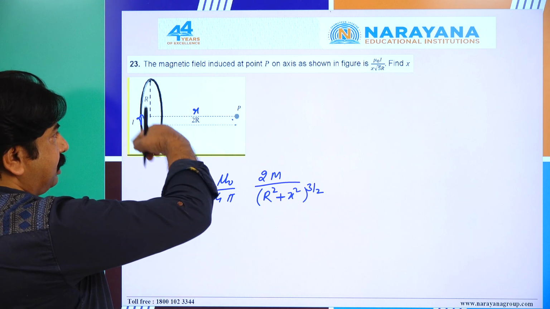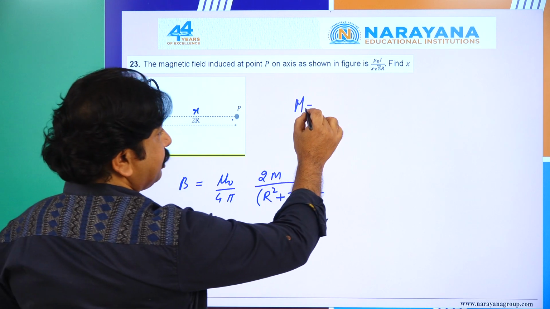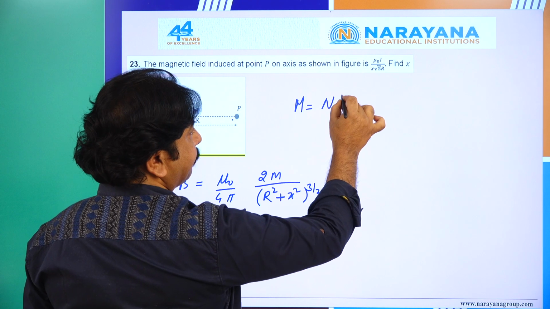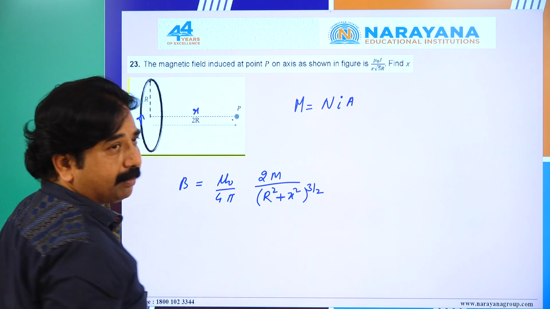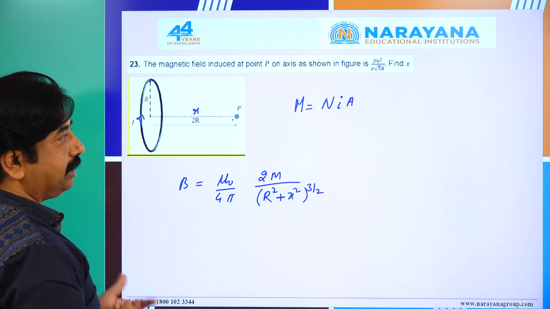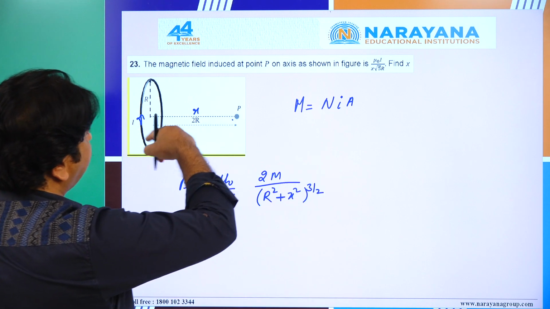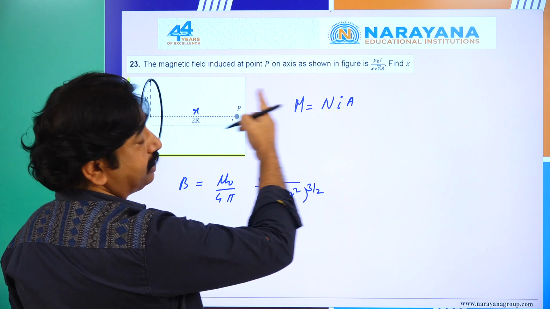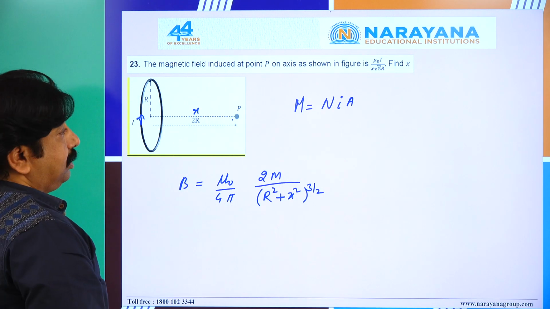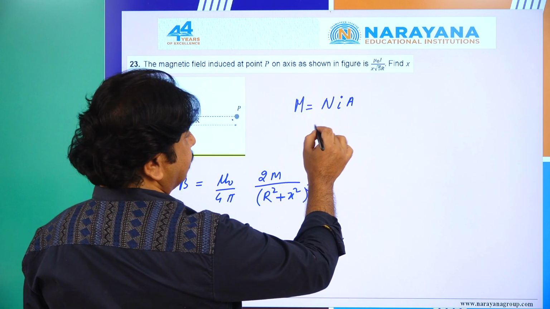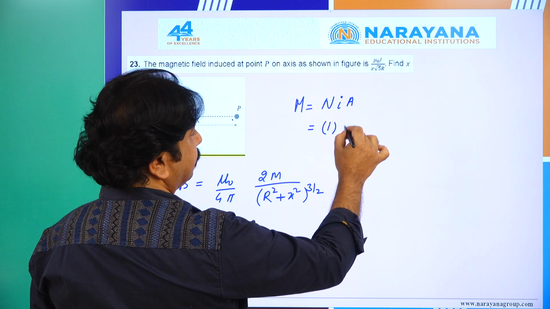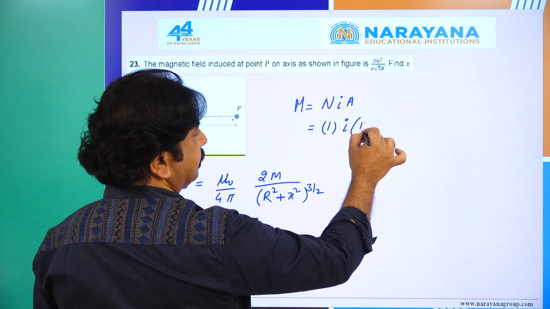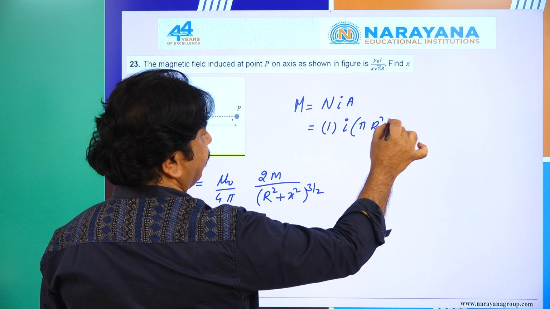What is the magnetic moment of this coil? M is equal to NIA, where N is the total number of turns, I is the current and A is the area. But here only a single turn we are observing and no information is given regarding the total number of turns. That's why we are considering only a single turn, the current is I and the area is pi r square.